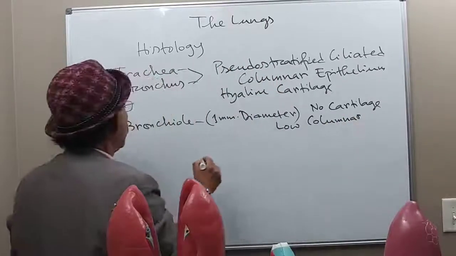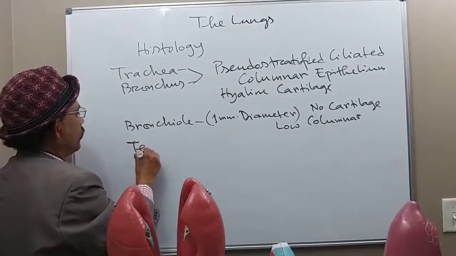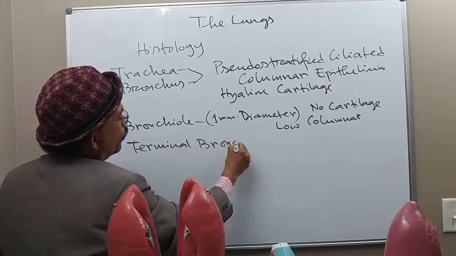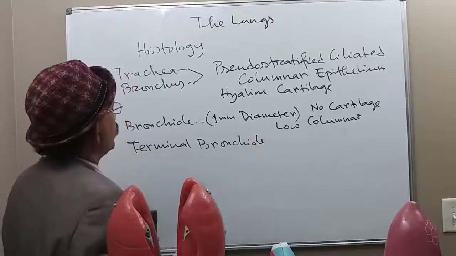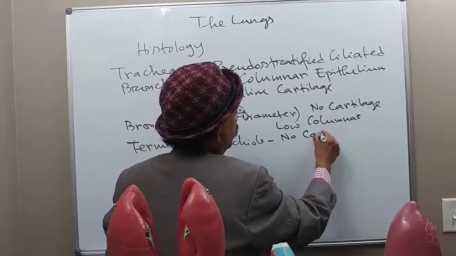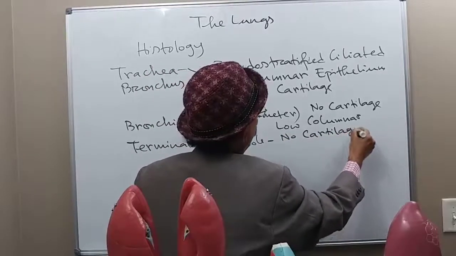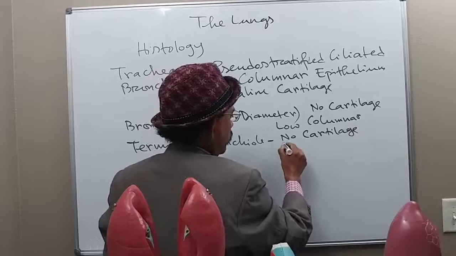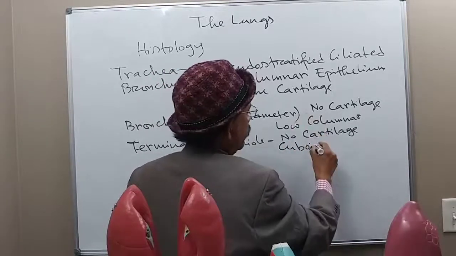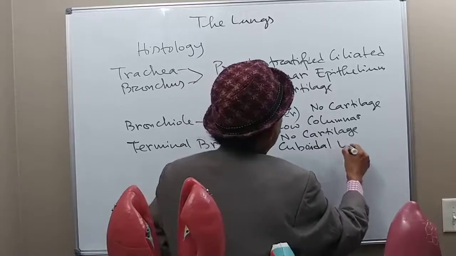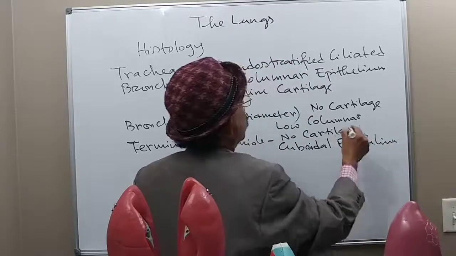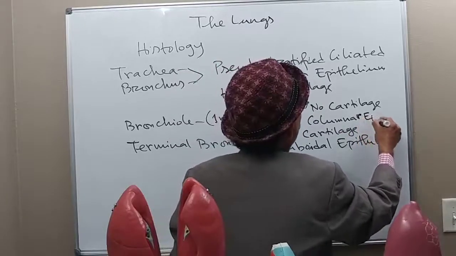Okay, we will get the terminal bronchiole. Here, no cartilage, and we will get cuboidal epithelium. Gradually, height is decreasing. Okay, low columnar epithelium.